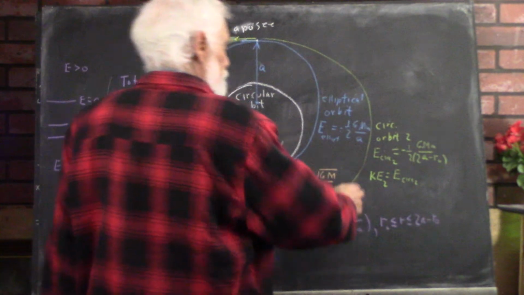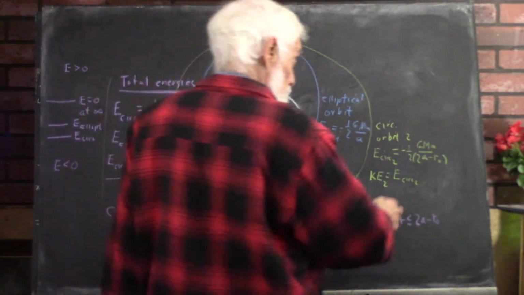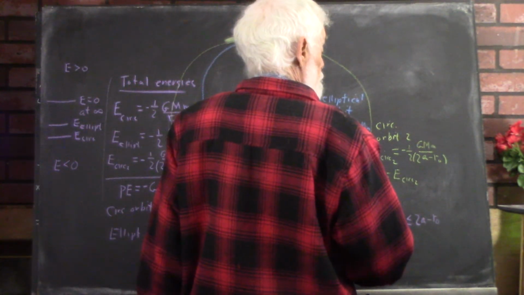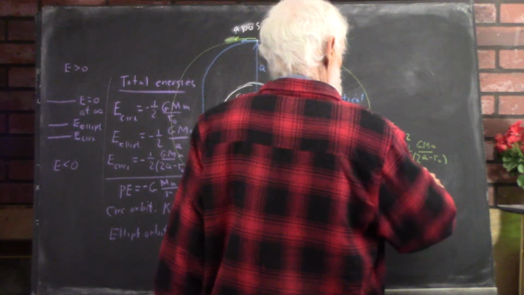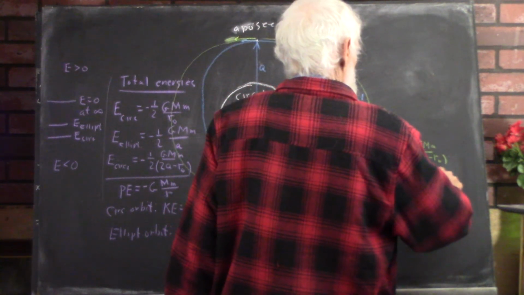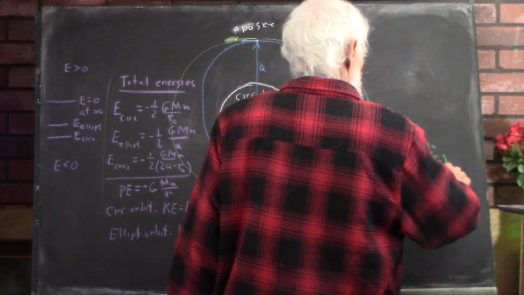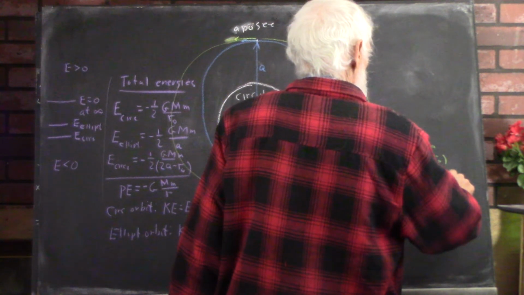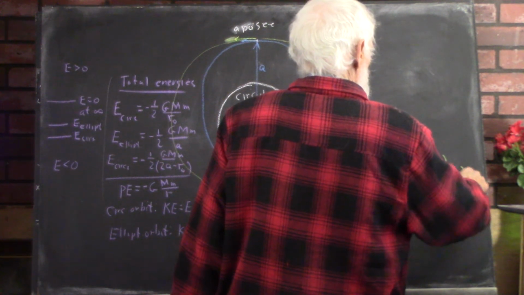We'll call that KE2, kinetic energy of the second orbit, is the total energy of the circular orbit 2 minus the potential energy at distance 2a minus r naught.